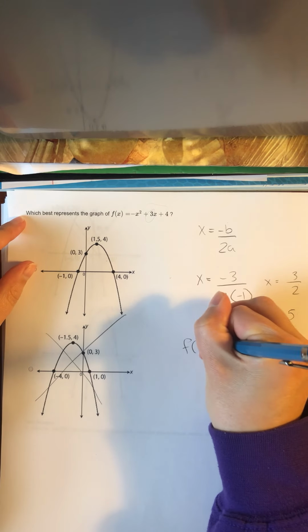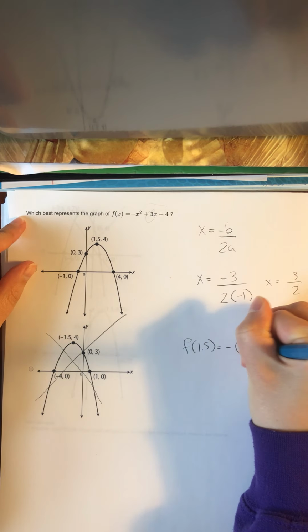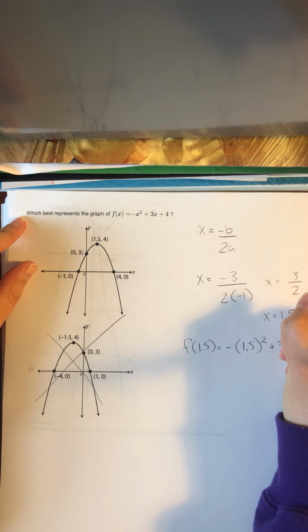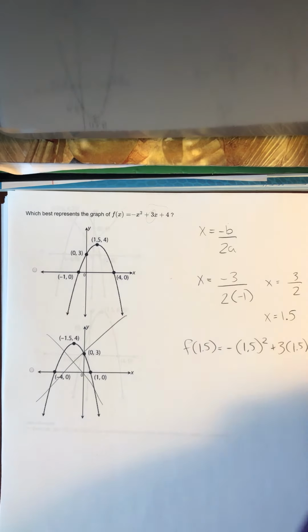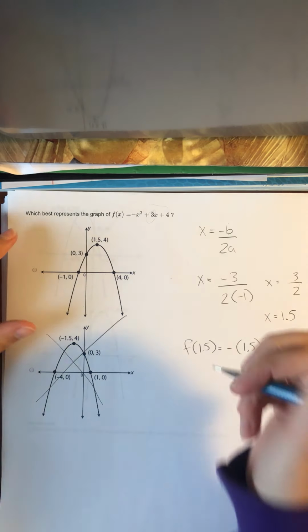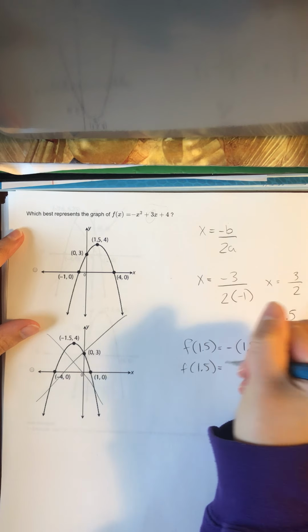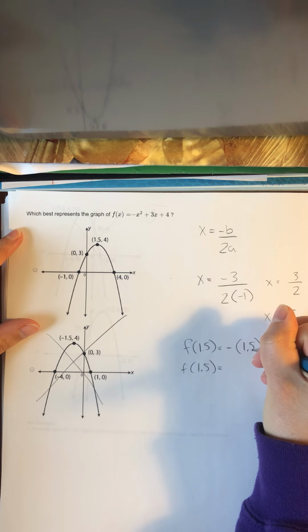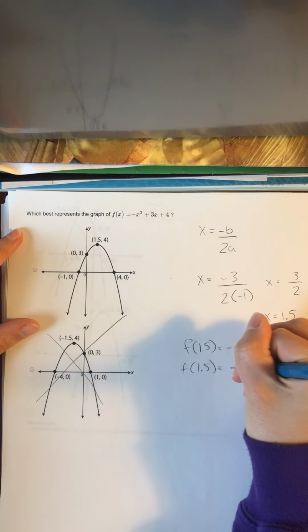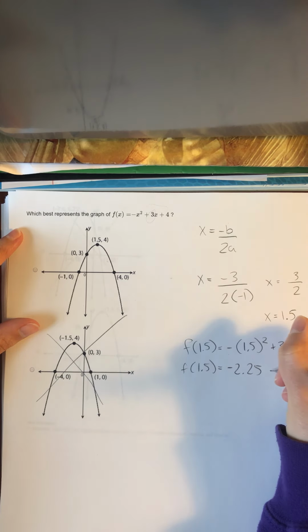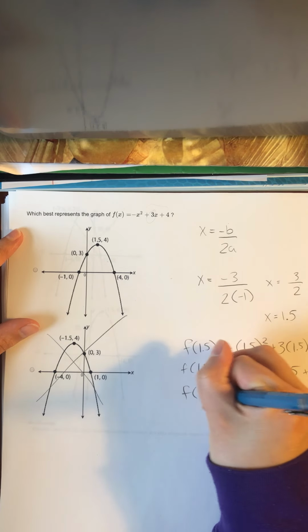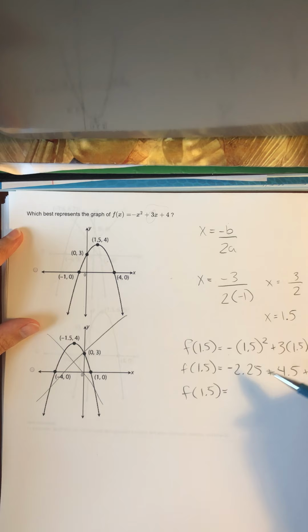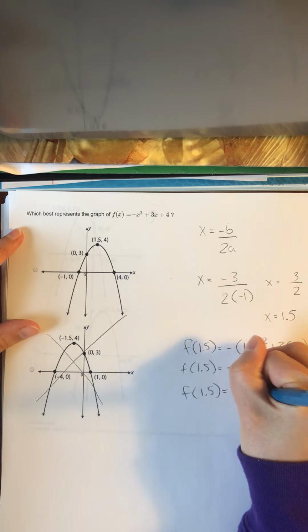So f of 1.5 equals negative 1.5 squared plus 3 times 1.5 plus 4. 1.5 squared is 2.25 and then negative, so negative 2.25 plus 4.5 plus 4. F of 1.5 equals 6.25.